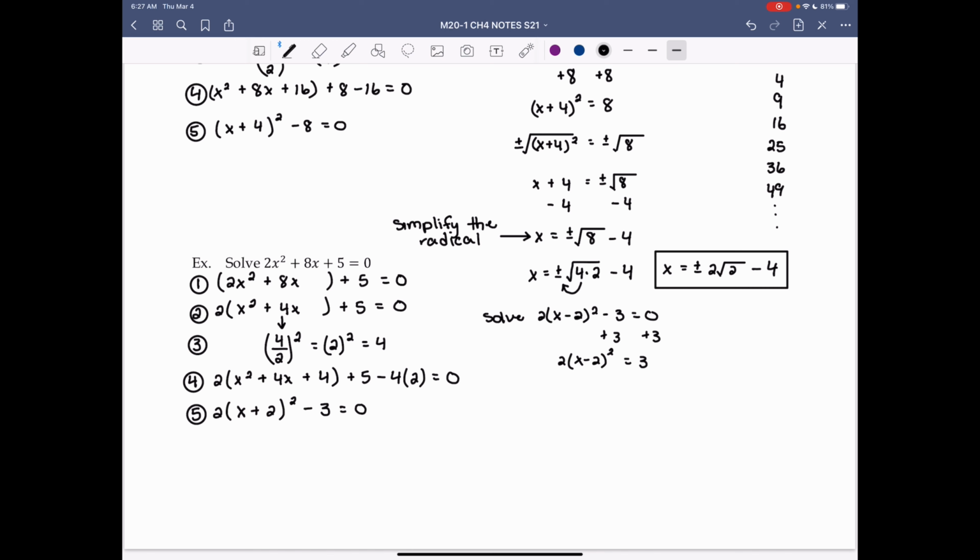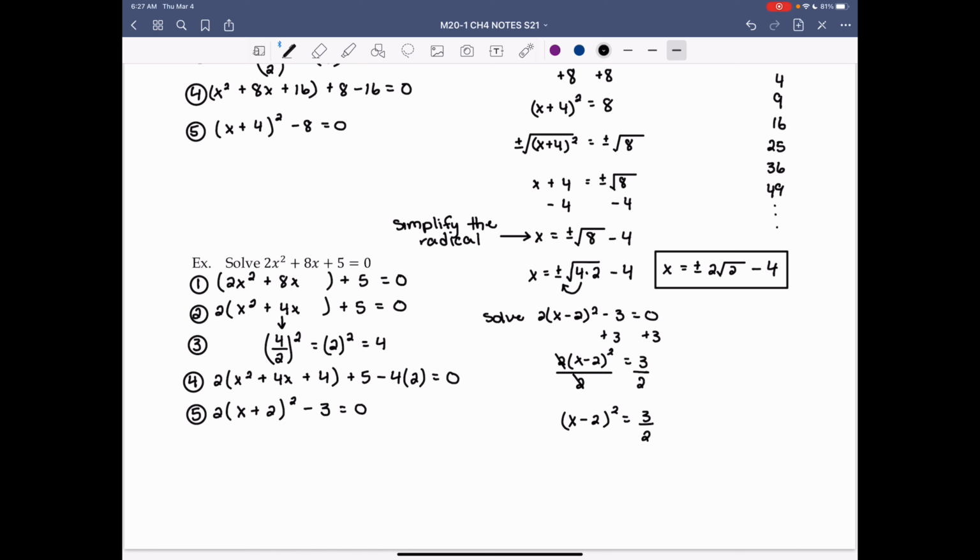When we have a number being multiplied to the brackets, we have to divide that to the other side first. Then we get x plus 2 squared equals 3 over 2.